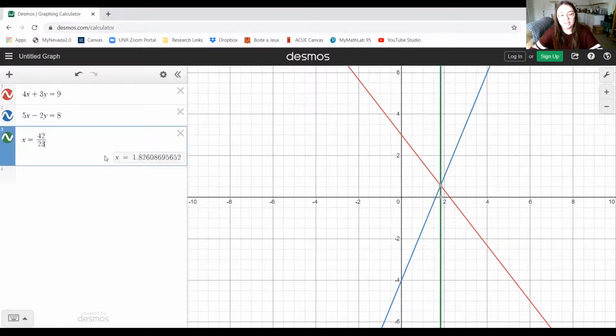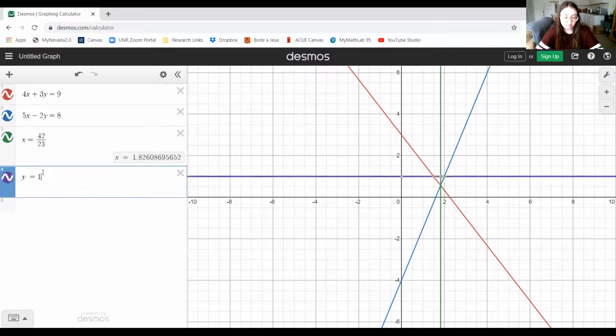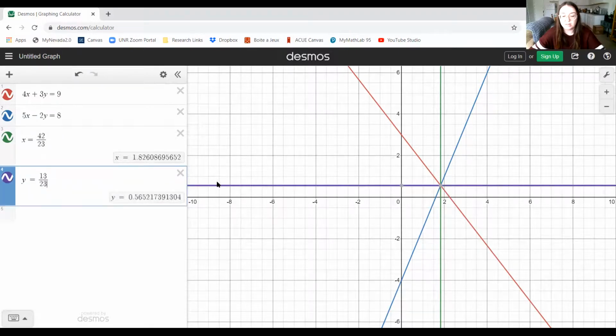We see that this calculates as 1.826, and we see this green line going through our point. And then we said that y was equal to 13 divided by 23, which is calculated as 0.565. And we see this purple line going through our solution point here as well.